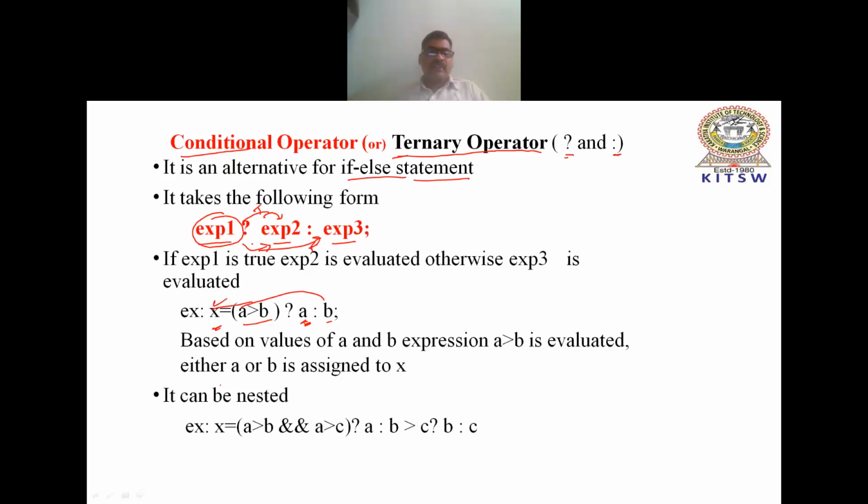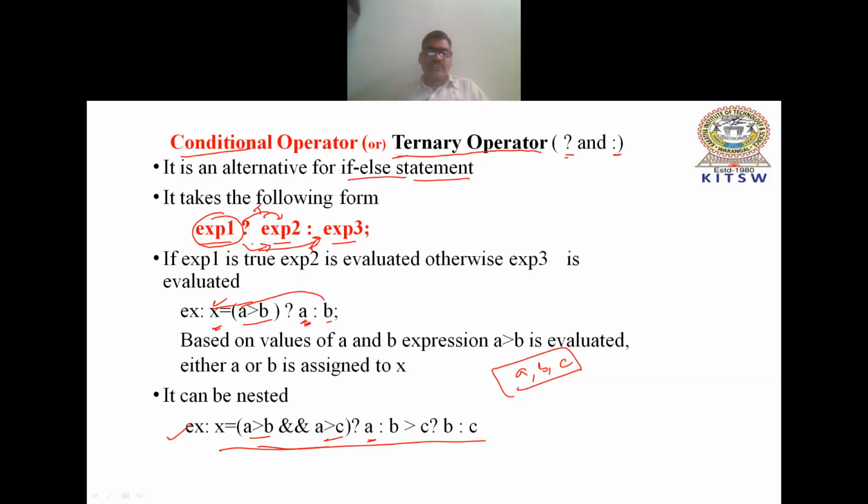Here the conditional operator can also be nested. This is one simple statement used to identify the biggest number among three integers a, b, c. If a is greater than b and a is greater than c, then the biggest is a.